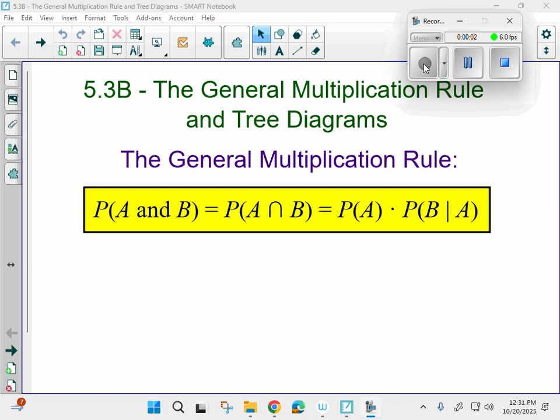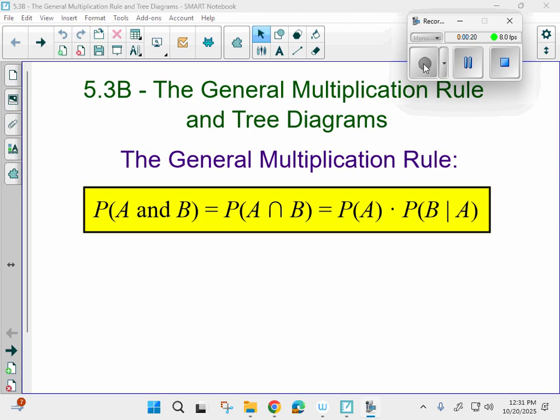We are allowed to add two events together if they're mutually exclusive. We're also allowed to add if they're not mutually exclusive, as long as you subtract what you double counted, right? The overlap. So we're going to learn about the overlap today.